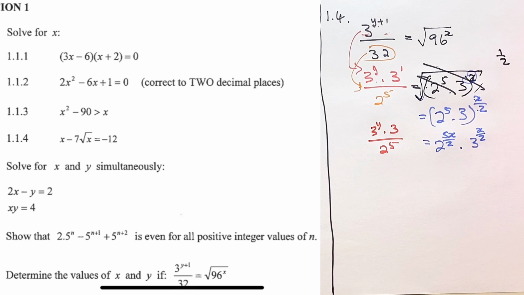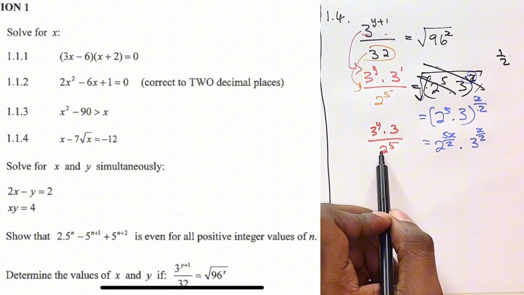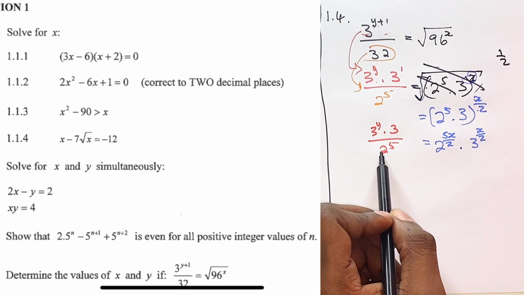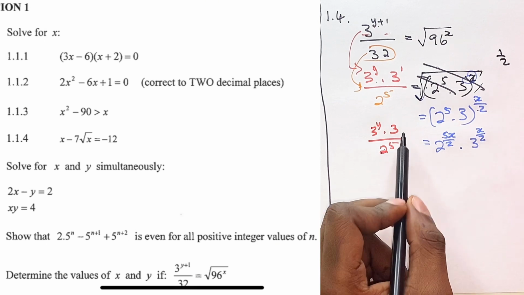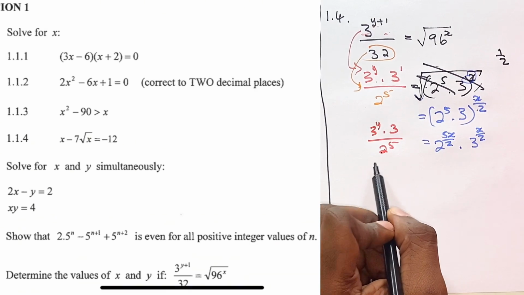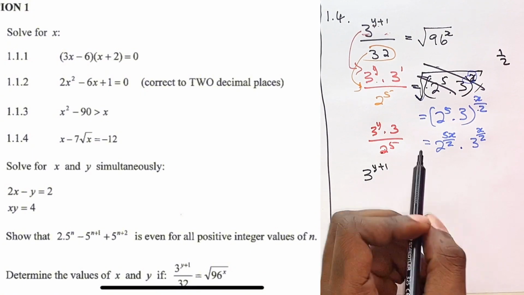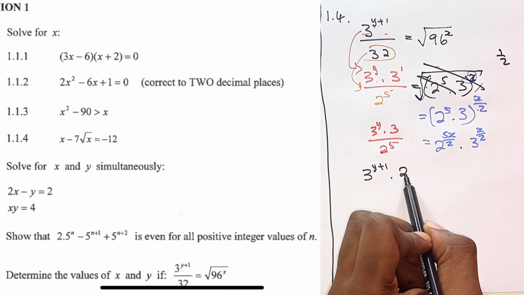Now we are in the final stages. Now I'm going to use a black pen. We are finding an answer now. So what we are going to do now is put all of this so that they are all bases multiplied to each other. So we'll have 3 to the power y plus 1 multiplied by 2.